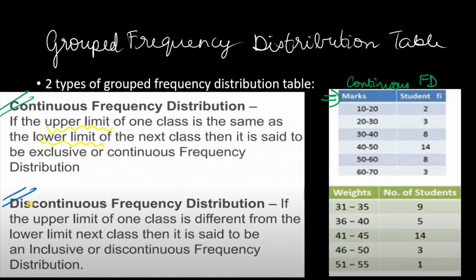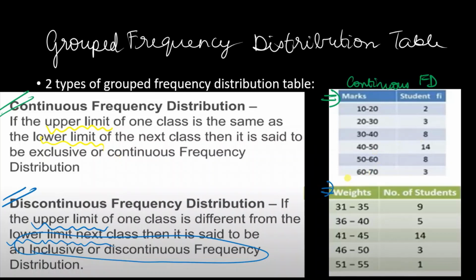Alright, now the opposite of this: if the upper limit of one class is different from the lower limit of the next class, we say that this is an inclusive or discontinuous frequency distribution.